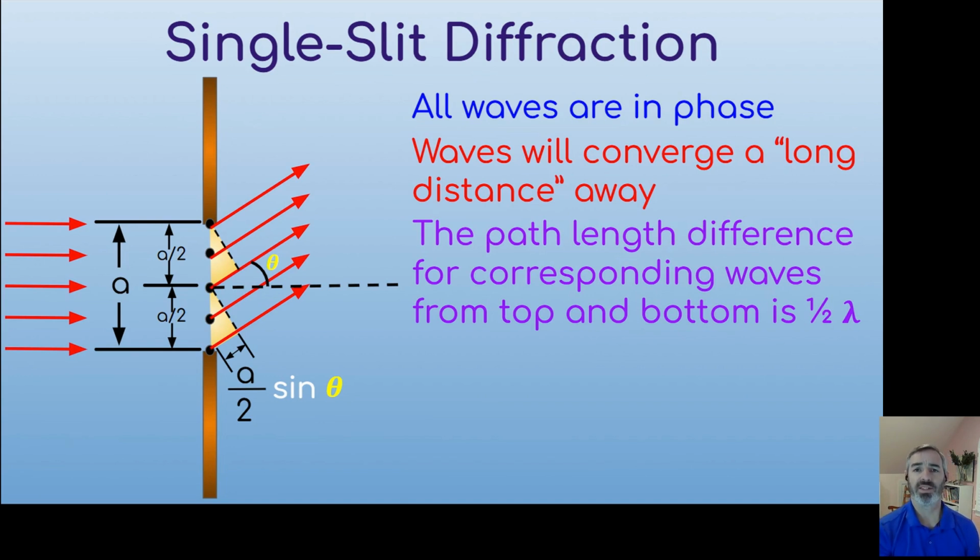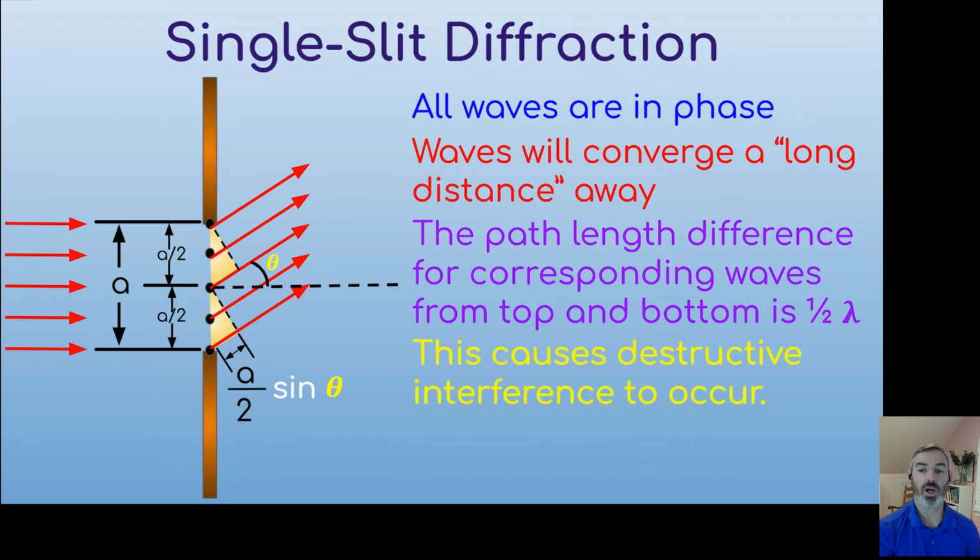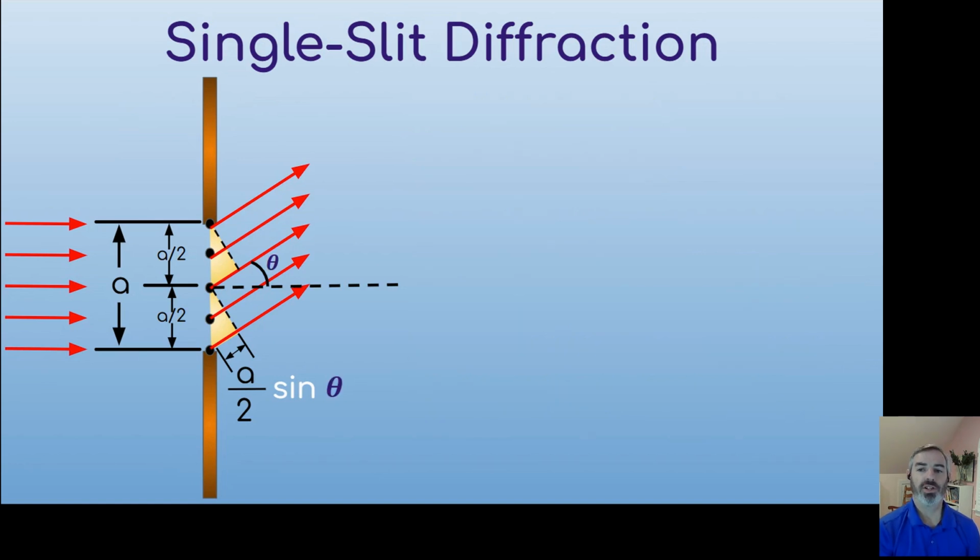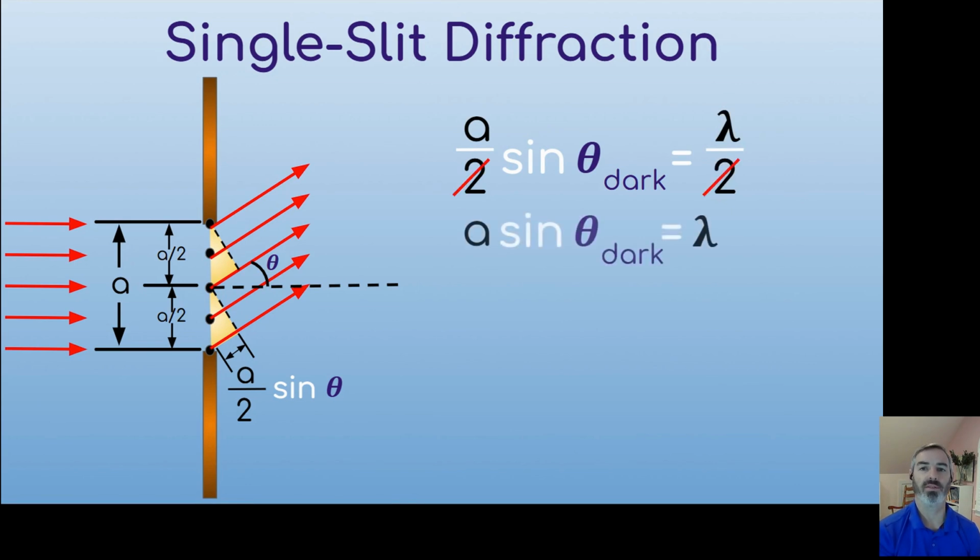So that means if they're out of phase by half a wavelength, what we're going to end up with is the crest lining up with troughs, which means it's going to cancel out. So we're going to end up with dark spots on the screen for that point, and that causes destructive interference on our screen. If we know that A over 2 sine theta dark is equal to a wavelength divided by 2, we can rearrange this, and A sine theta dark equals the wavelength.